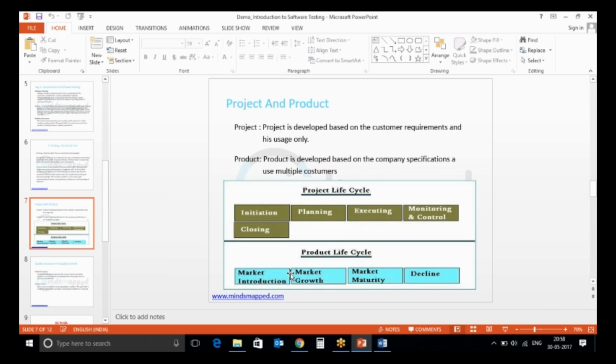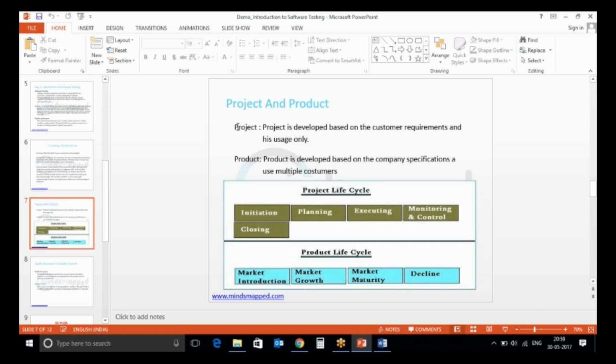After 15 years, there might be so many developments in the market, so many new features, so many new languages which provide better features, probably UI developments and rebranding. So that comes into market maturity, that this website has reached its maturity and is taken off the market.